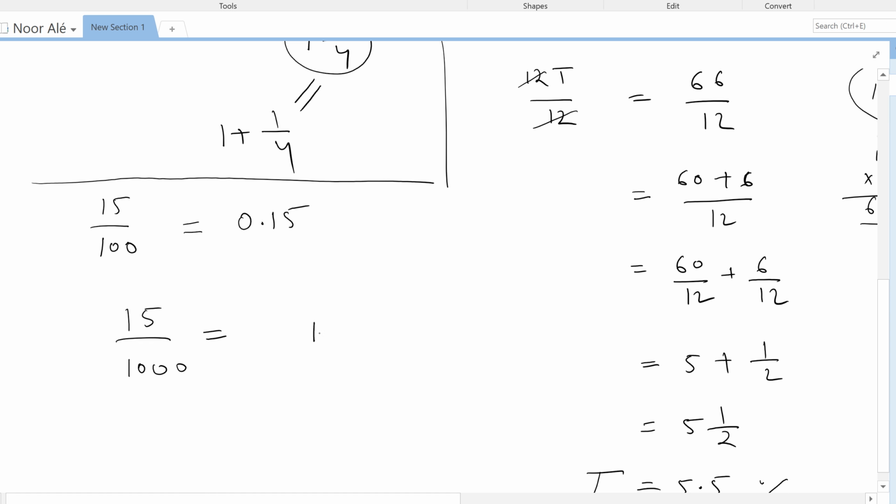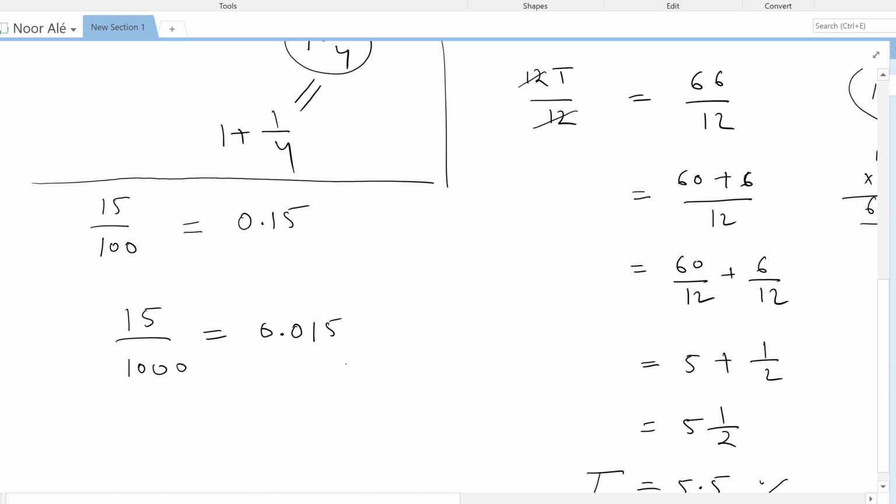Now you have to count three digits, right? 1, 2, 3. These are three zeros. So this is the first one, the second one is 1, and for the third you have to put a 0 of your own. So we put a 0 and then we put the decimal there, and then you put a 0.